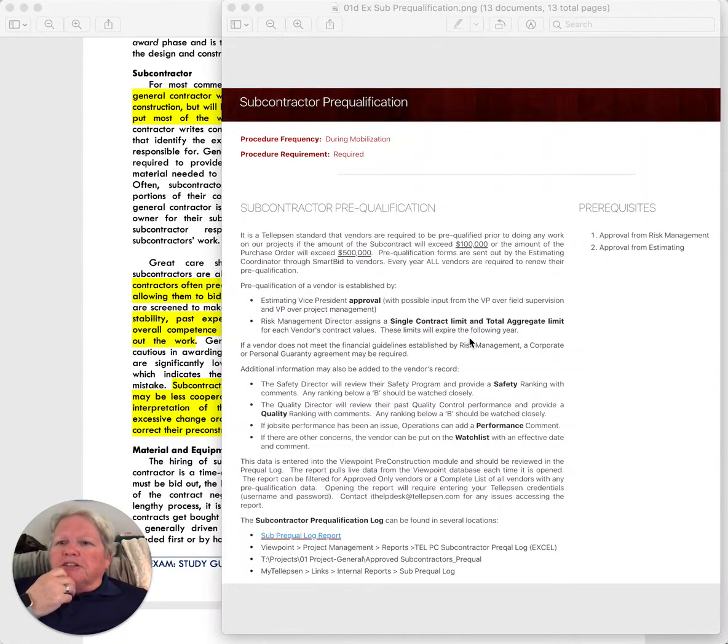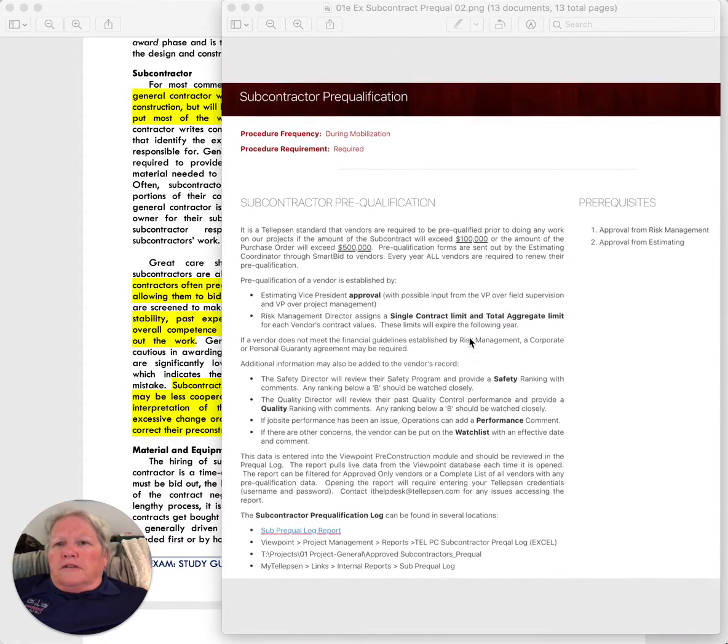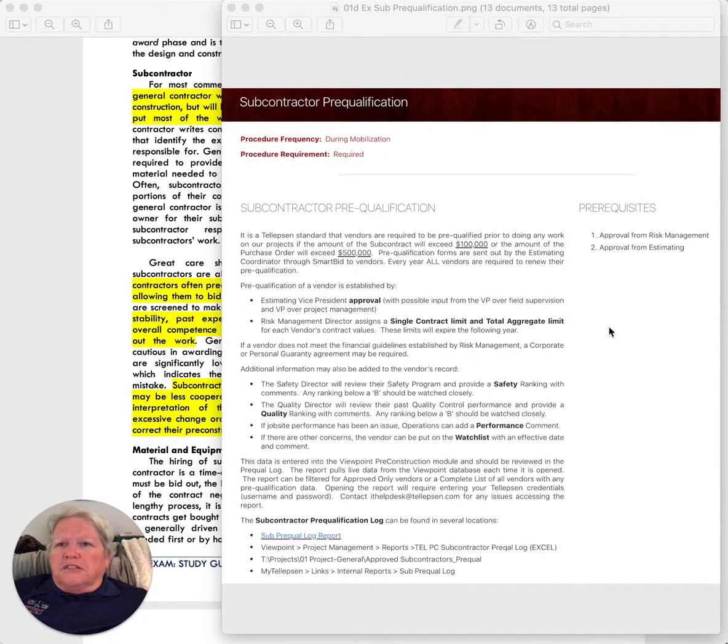Let's talk about subcontractor pre-qualification. And I've shown up here what Tellepsen uses as their standards for pre-qualifying subcontractors. And it is a multi-point approach. It's not just how much money can they actually provide cash flow for.